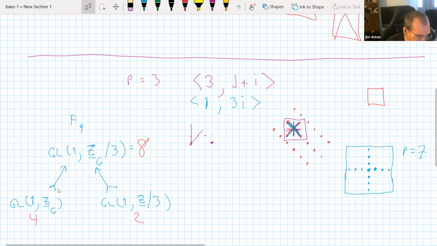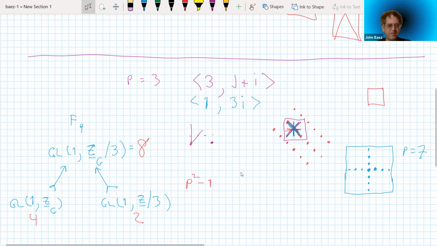So in this case, we're ending up with p squared minus 1. That's the 8. And then it's divided by the product of these two, except there's a factor of 2 intervening there.